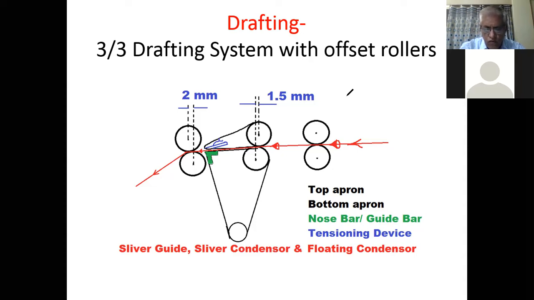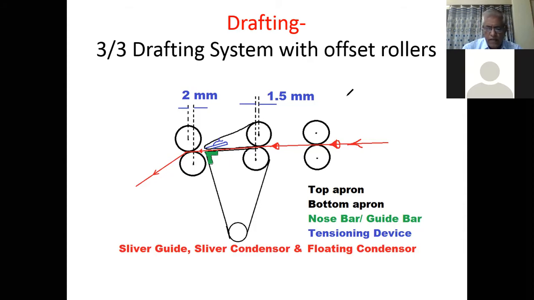So we get improved results if the rollers are offset. It is not necessary that the rollers are always offset by 1.5 mm or 2 mm. It may be more or less also, and we can change this to some extent within the limits provided by the manufacturer. The middle roller may be offset by 1.5 mm or 2 mm, and the front roller may be offset by 2 mm or 2.5 mm.